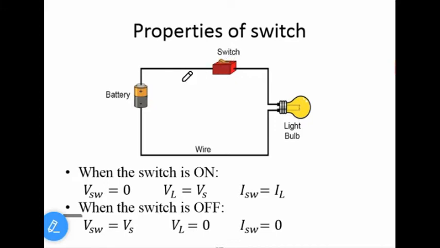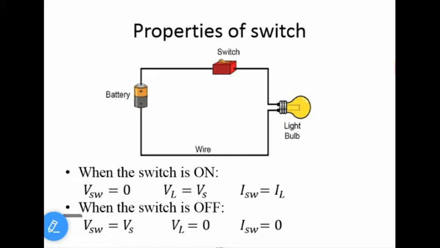When the switch is on, switch voltage is equal to 0, load voltage is equal to battery voltage, and switch current is equal to the load current. Now when the switch is in off condition, switch voltage is equal to battery voltage, load voltage will be 0 and switch current is 0.